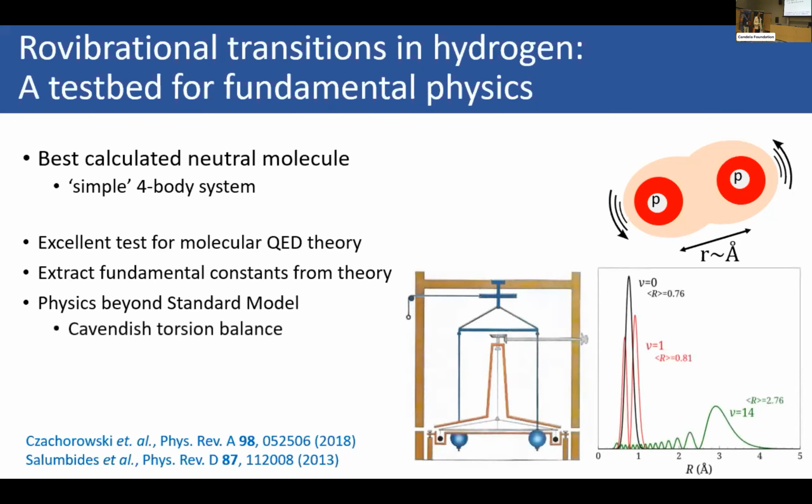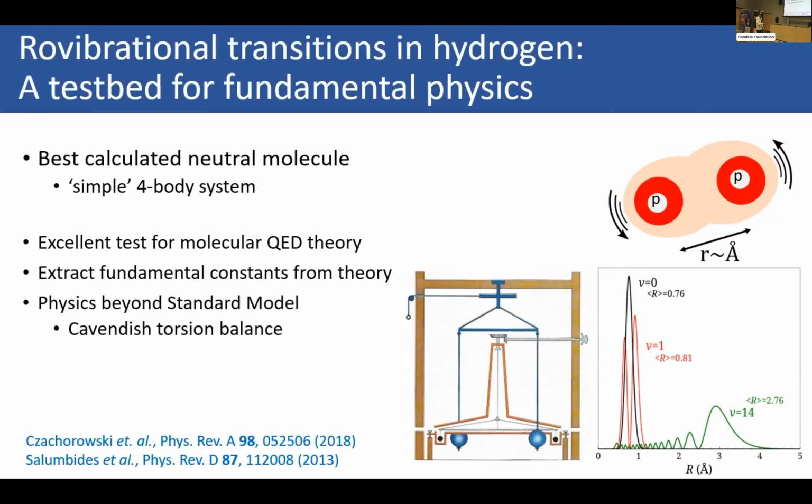And I always like the analogy with the Kelvin distortion balance, where you extract big G. You could picture the hydrogen molecule as similar, where you have two test nuclei at a certain distance, and depending on the vibrational mode you're in, you can increase the mean nuclear distance.